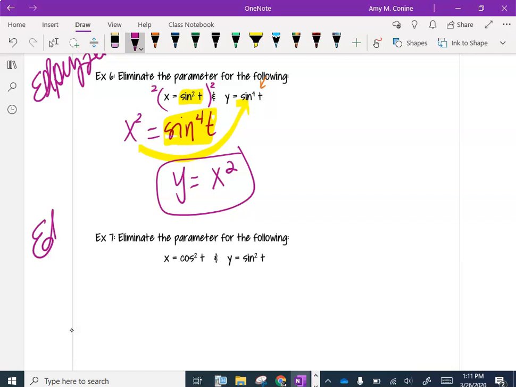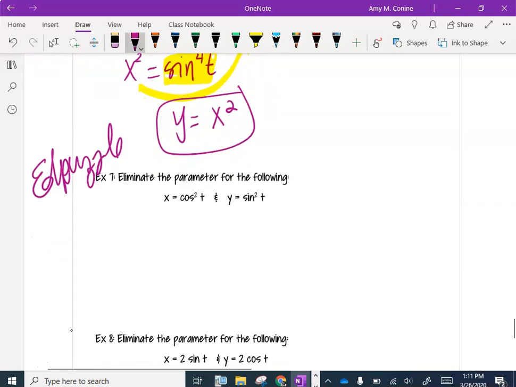I'm going to have you do example 7, and that's a G, not a Z. Super fun. Okay, and then I'll walk you through it. So for example 7, we have x equals cosine squared of t and y equals sine squared of t.